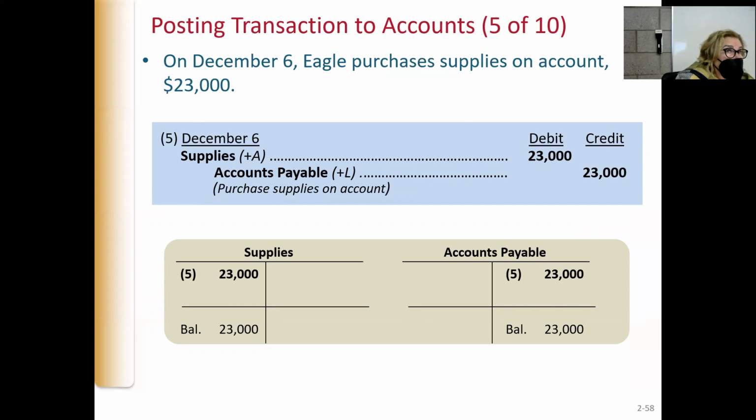We owe them the money. So it's a liability, accounts payable. Accounts payable is increasing. Since it's a liability, when you increase a liability, you credit it. Remember, no matter what, at the end of every transaction, the debits need to equal the credits, okay?